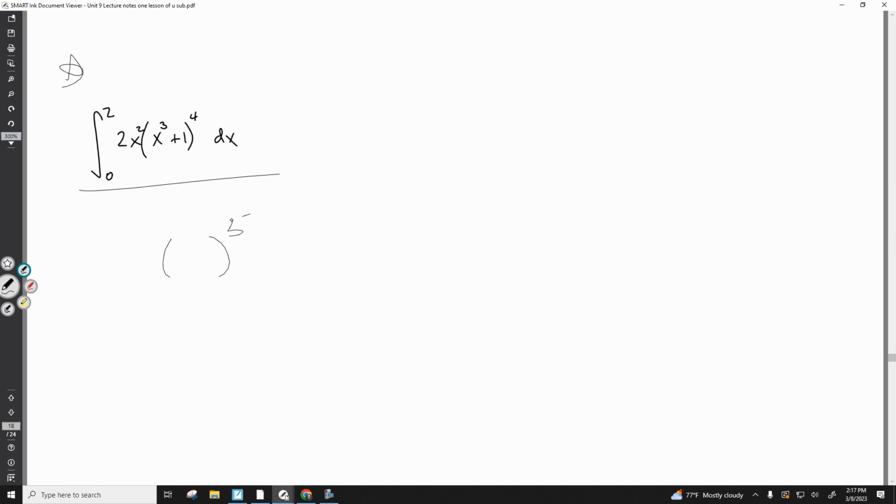Focus on the chain. Now, why are we focusing on the chain? What we should notice is that the derivative of the inside cancels with the stuff on the outside. Why do we ignore this stuff? Because it's going to eliminate itself when we undo the derivative.